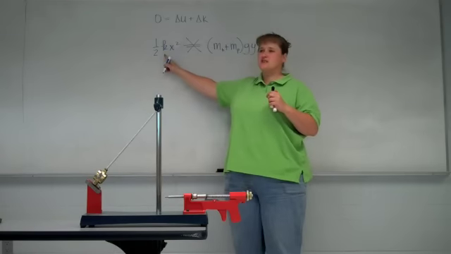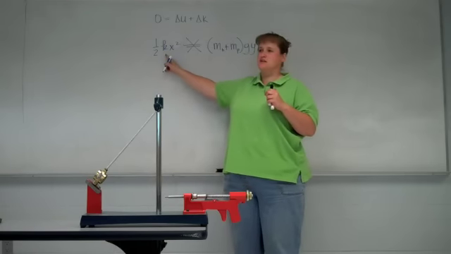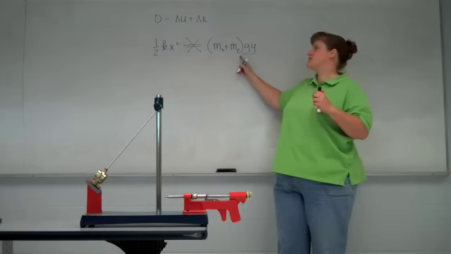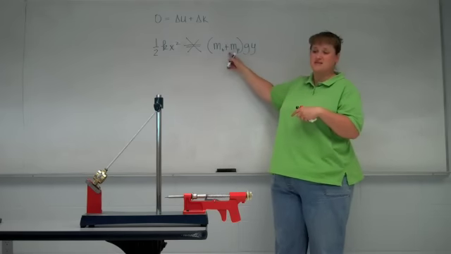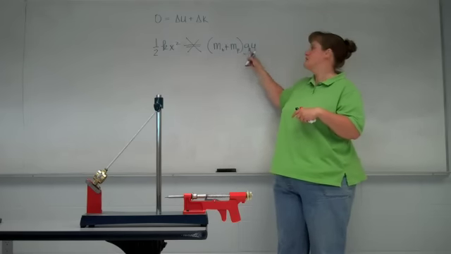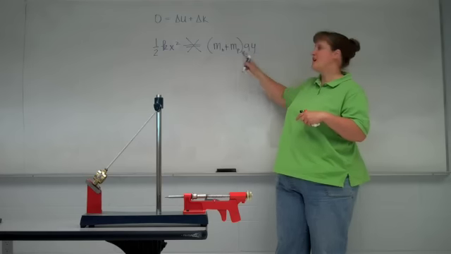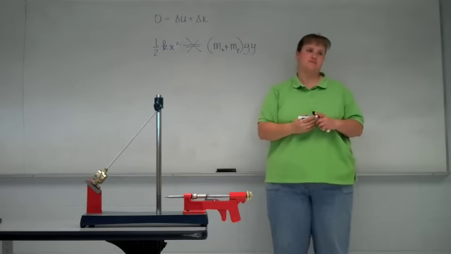So the elastic potential energy is 1/2 kx squared. The gravitational potential energy is the total mass of the ball and the pendulum together, g, y. Those do not equal each other.